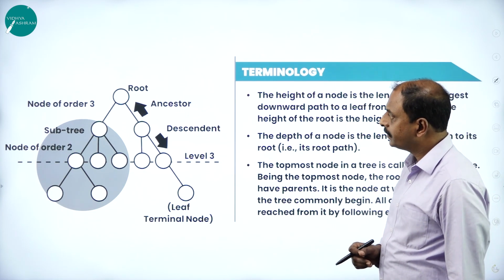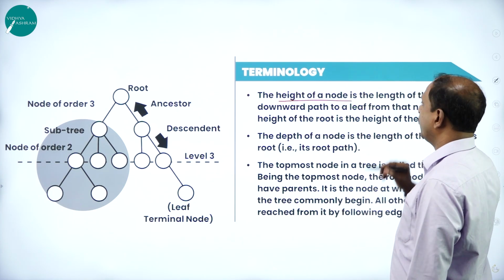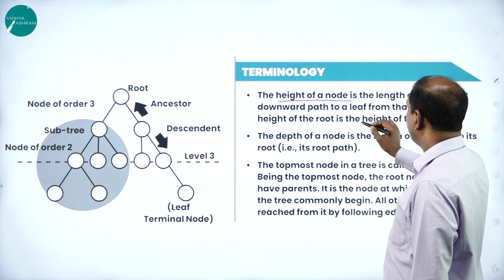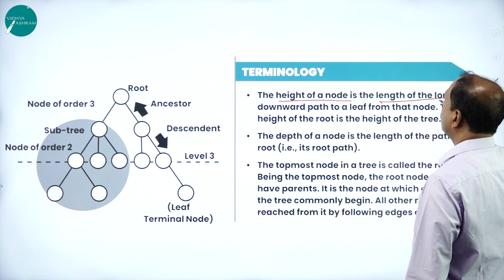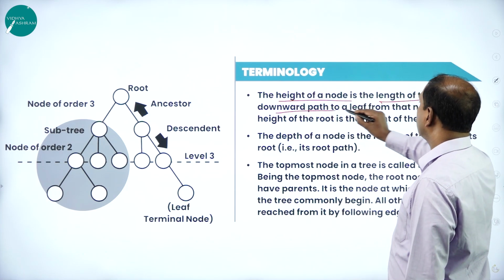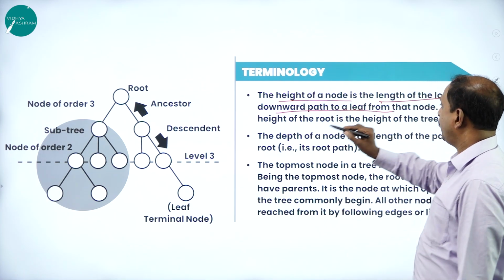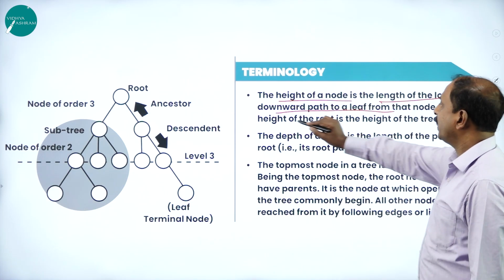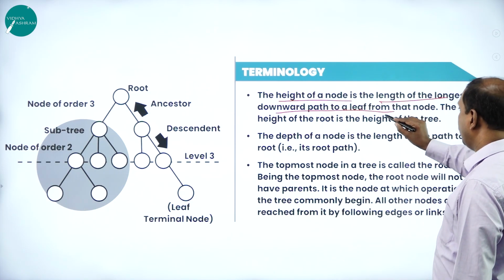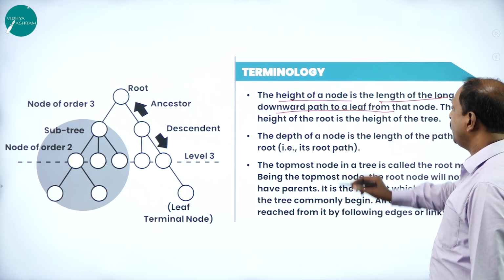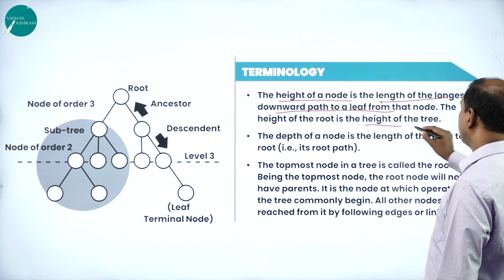In the next slide, the height of a node. The height of a node is the length of the longest downward path to a leaf from that node. I repeat, the length of the longest downward path to a leaf from that node. The height of the root is the height of the tree.